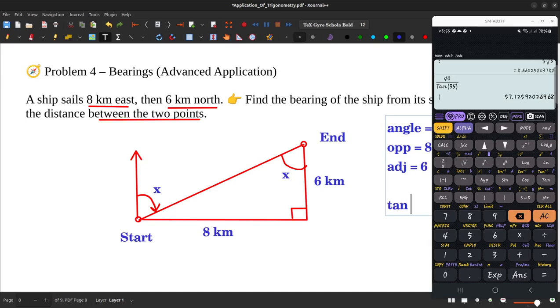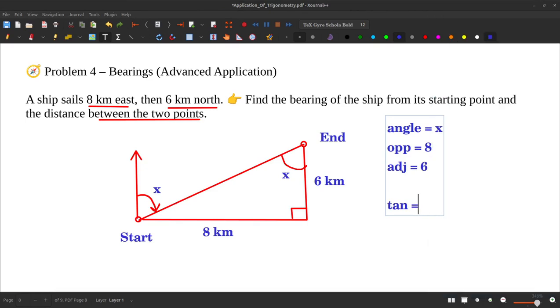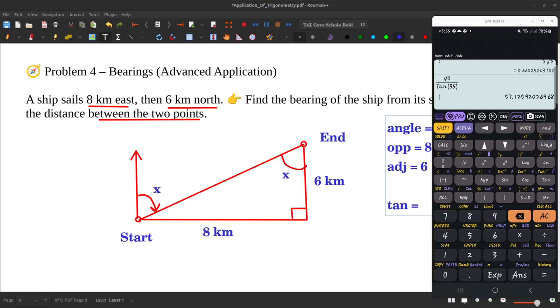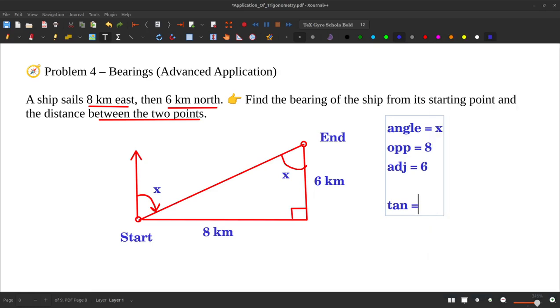So tan x will be equal to the opposite, which is 8, over the adjacent, which is 6. This is supposed to be tan x.